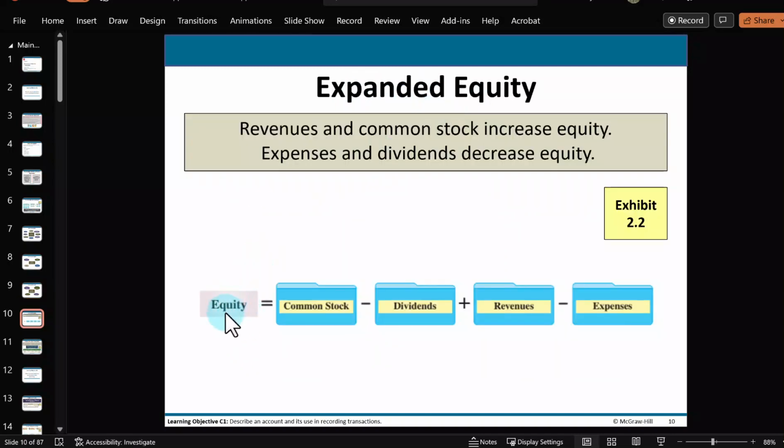Here's equity again, equal to the true equity accounts here, and then the revenue type and expense type. And again, notice minus expenses, minus dividends. So if dividends increase, because of the minus, equity is going down, decreasing. If expenses are increasing, equity is going down.